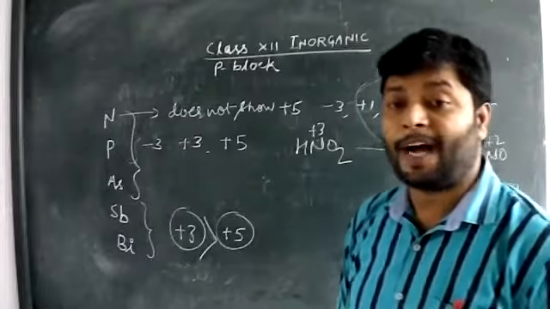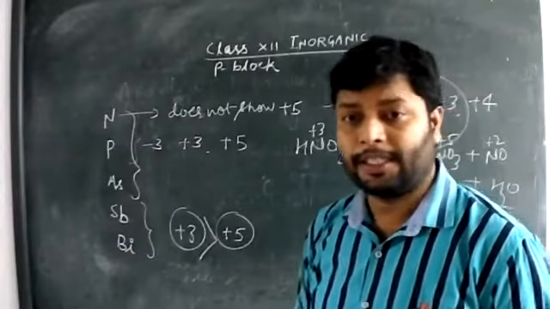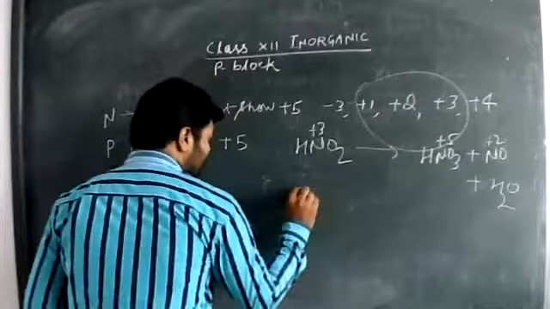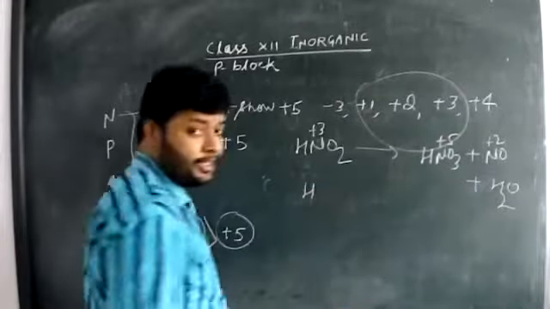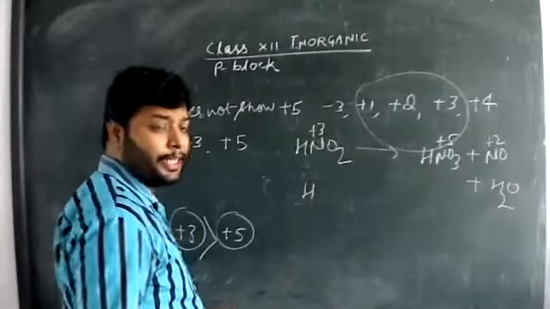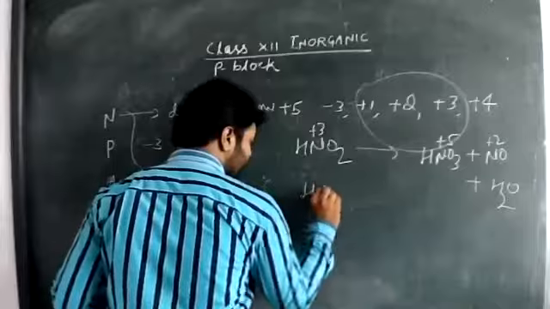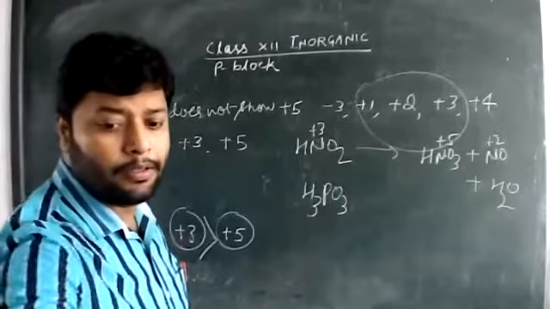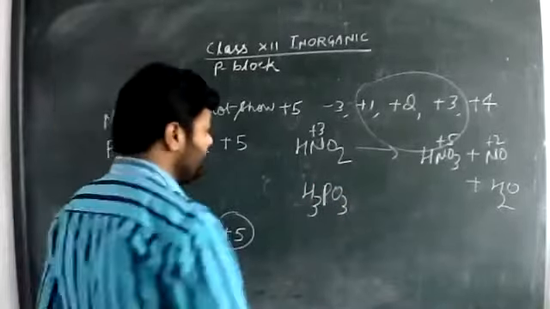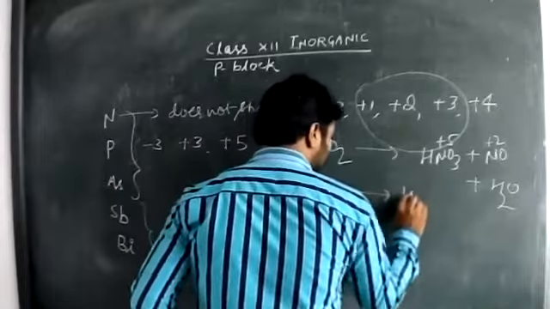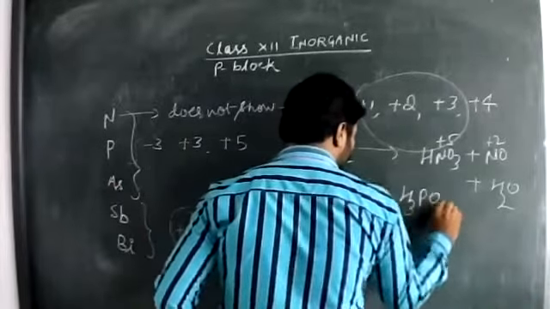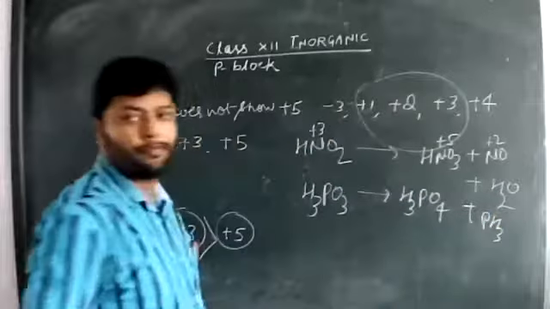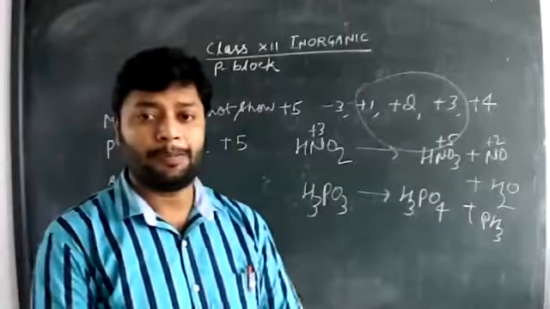The example is phosphorous acid. You know the acid, no? The formula of phosphorous acid is H3PO3. Phosphorous acid disproportionates into phosphoric acid and phosphine.